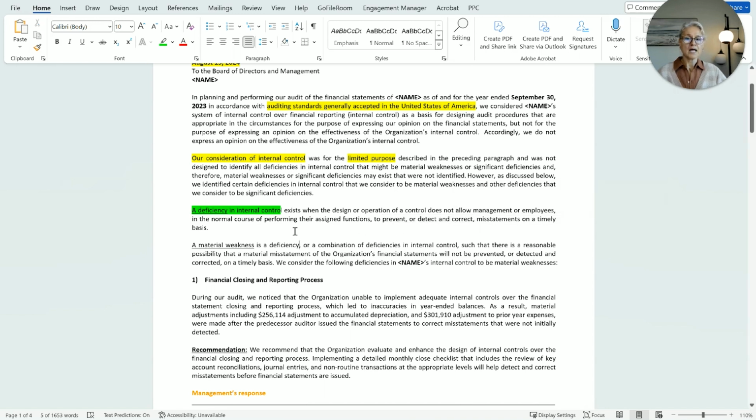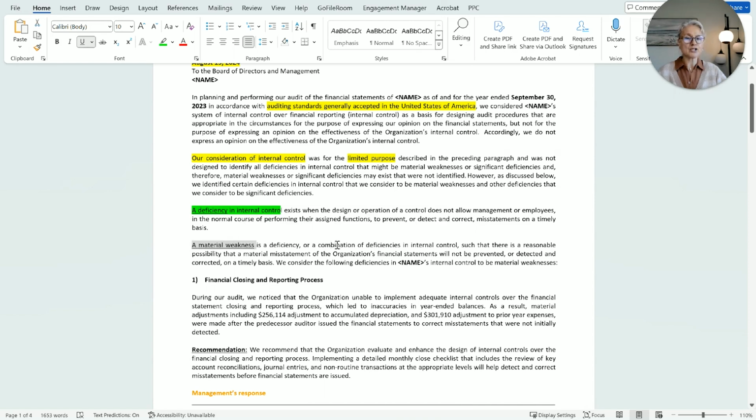Okay? Then if there is a combination of deficiencies in internal control that indicates that it's not just a one-time mistake, but also a system of control mistakes, that creates a significant deficiency. And finally, material weakness.